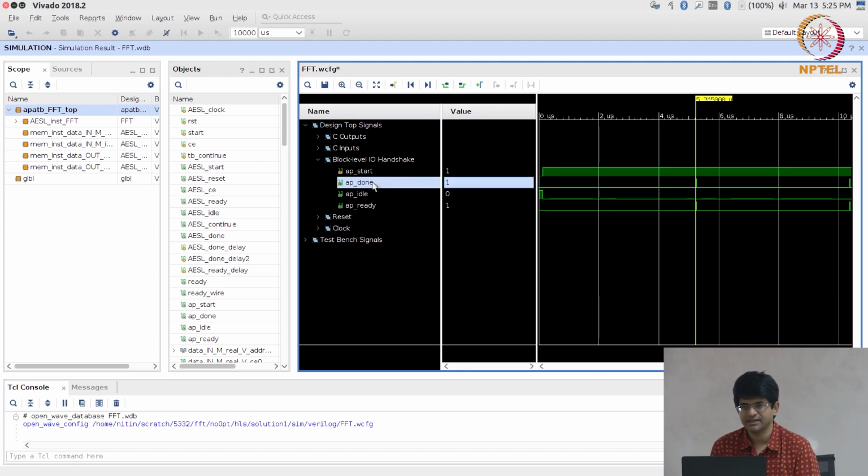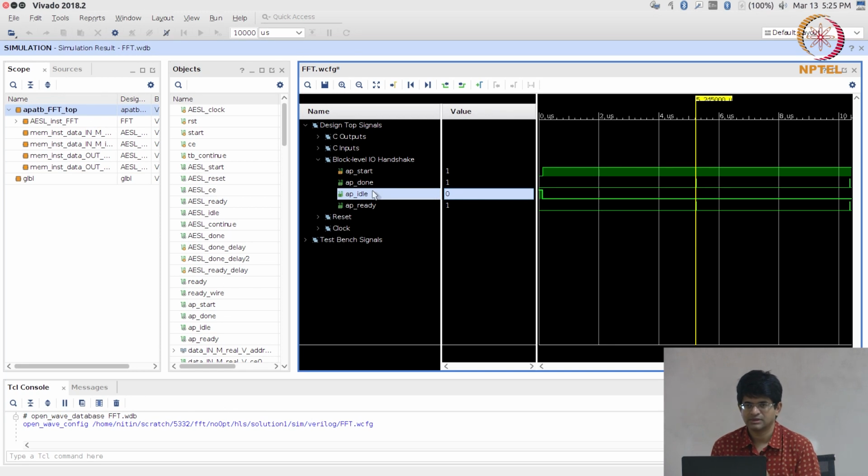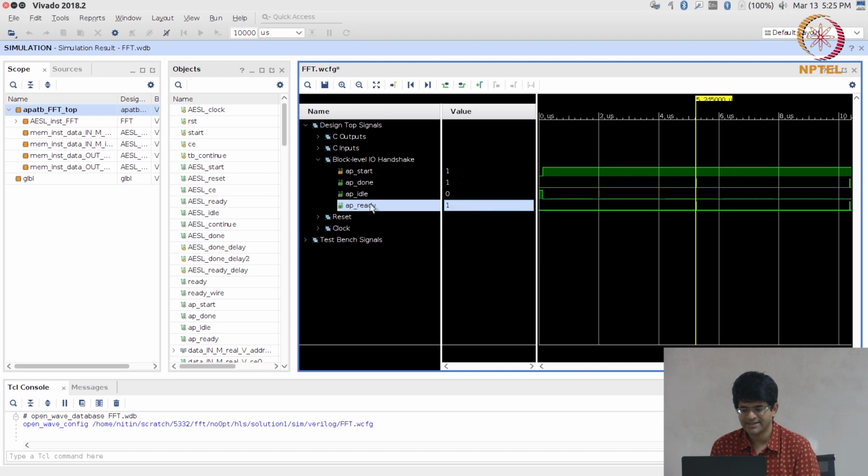Then there is a done signal which the FFT module should return after it has completed operation. There is an idle signal which, as long as it is 1, means that the core is not doing anything, and you can try and give it new inputs. And the ready signal, which is once again indicative of whether the core is ready to accept new data.